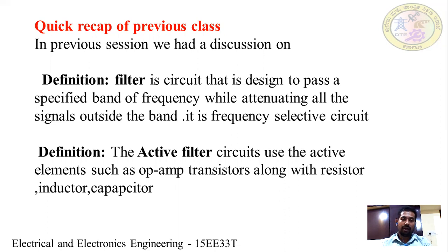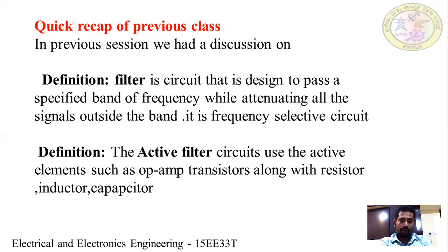They are generally meant for use above 1 megahertz, do not have any power gain, and are relatively difficult to tune. This is all about active as well as passive filters, and all about the previous session.